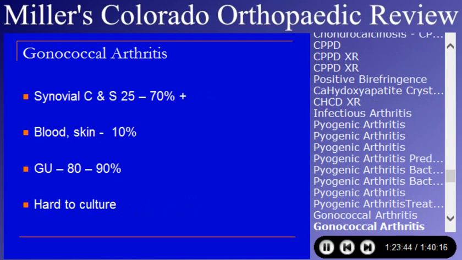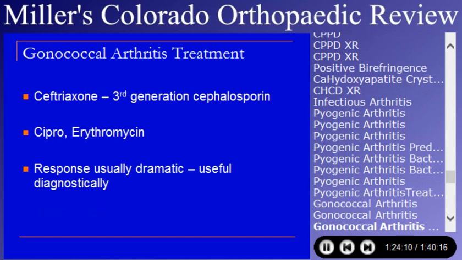You have to remember to get the appropriate culture media if you're going to aspirate a joint and try to grow gonococcus, or have ready access to your lab where you can get to the lab tech and be sure that they appropriately plate it. Obviously commonly cultured from the genitourinary tract. Generally treated with drugs, and the response is generally dramatic, and if you don't get a dramatic response, you question your diagnosis.